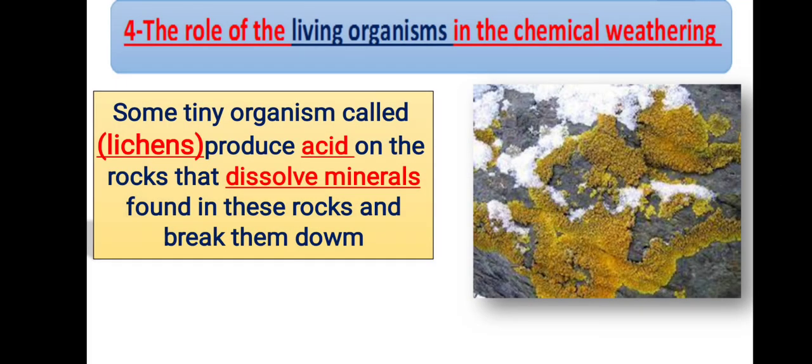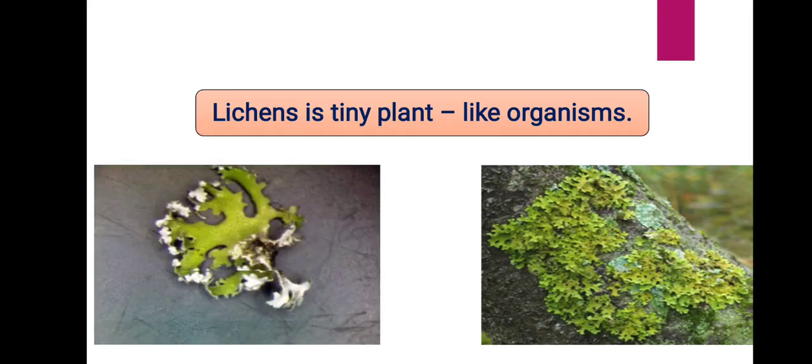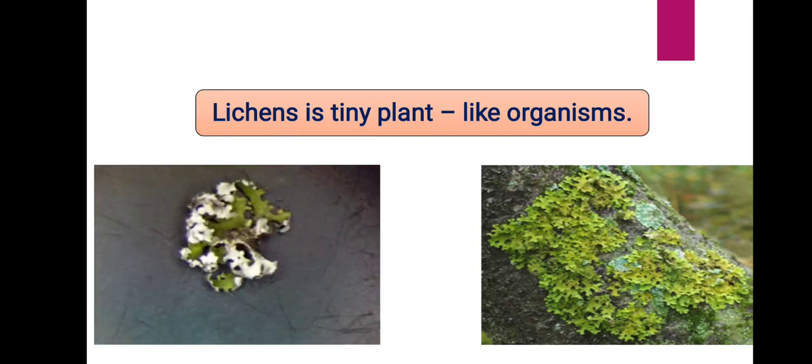Number 4, and finally, the acids produced from living organisms. There is a tiny plant or tiny organism called lichen. Called what? Lichen. The lichen is a tiny plant or tiny organism that produces acid. When the lichen grows on the rock and produces the acid, it can dissolve some minerals of the rock, so the rock becomes very weak and is broken down.